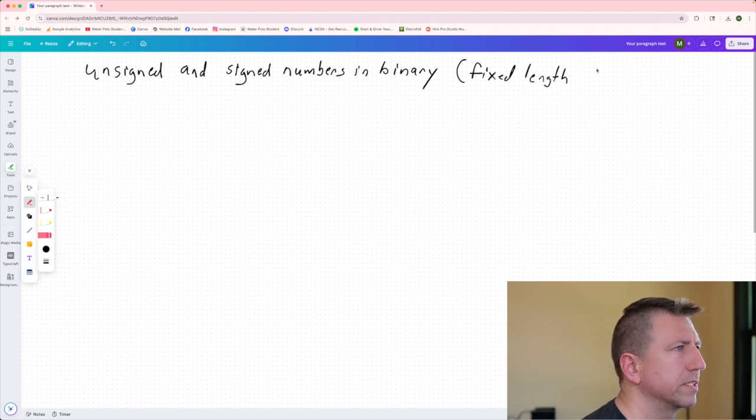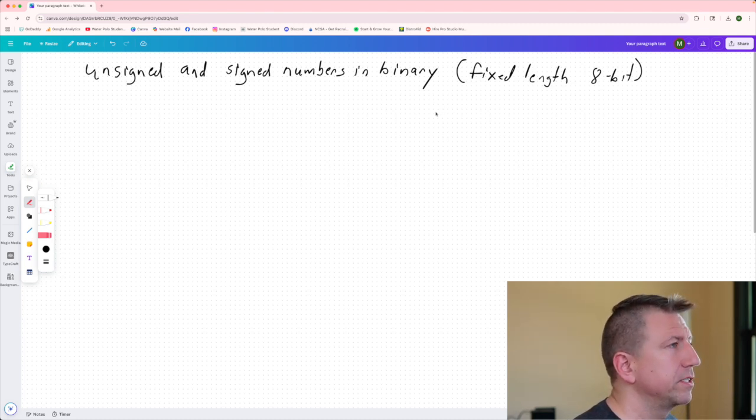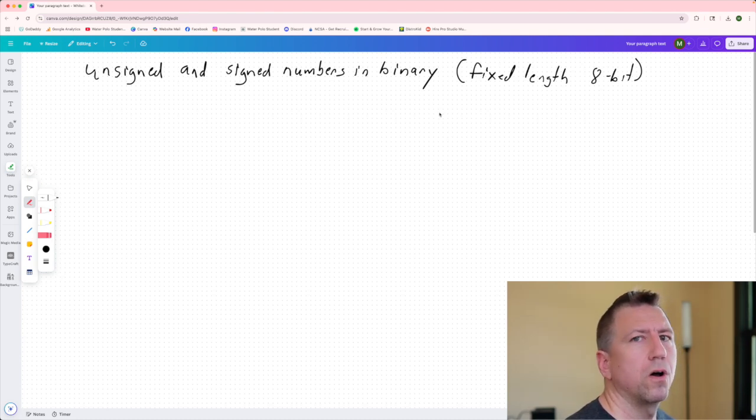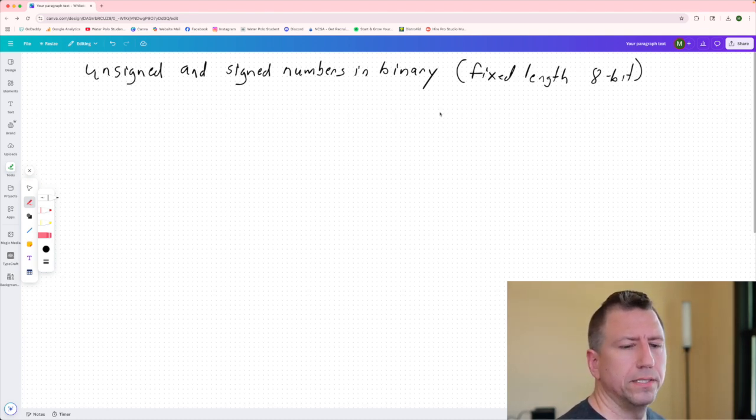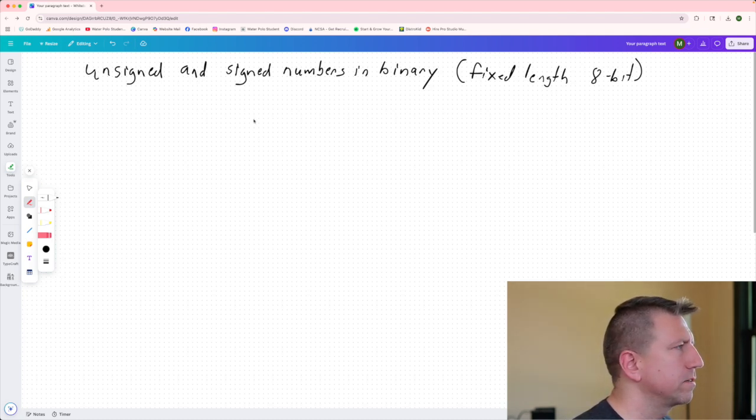In our examples, we're going to do 8-bit. And that's important because we have to know how the sign is going to be attached to one of the bits, and we have to know how long the number is if we know which bit we're talking about. So that's an important piece we're going to need. All right, so let's start out with unsigned.